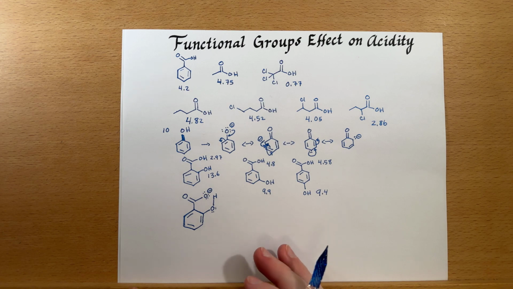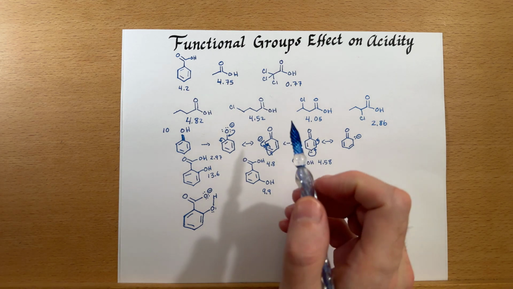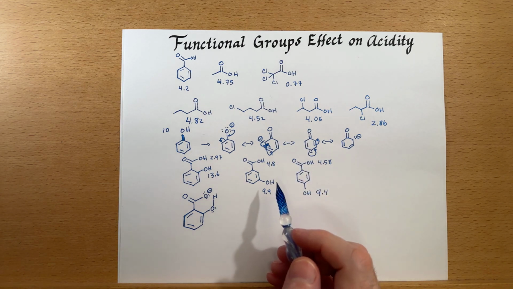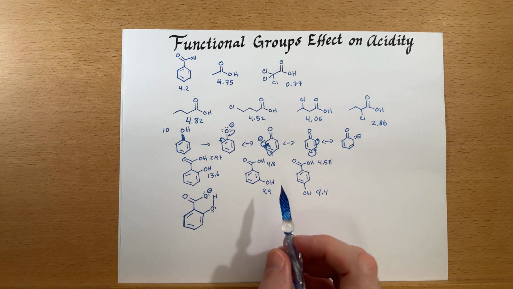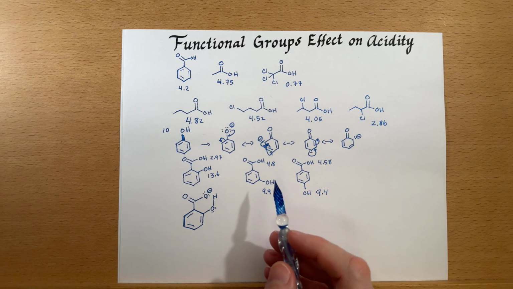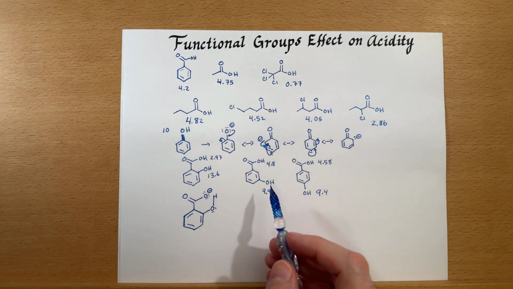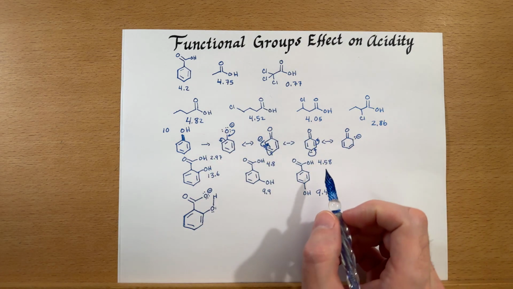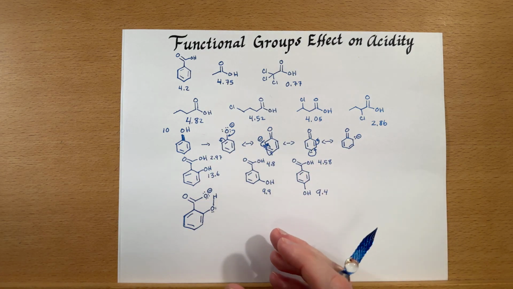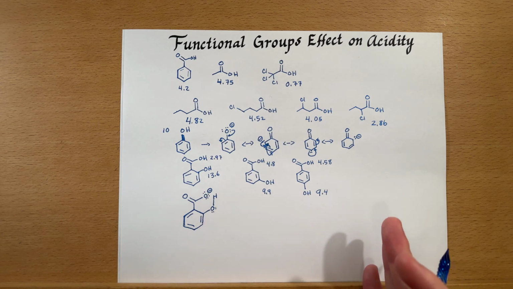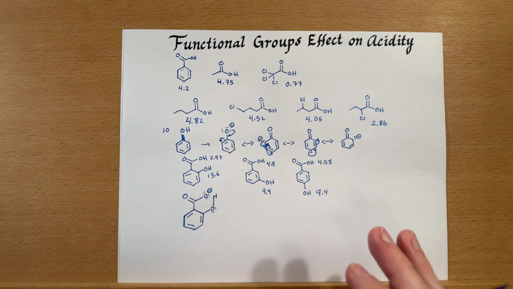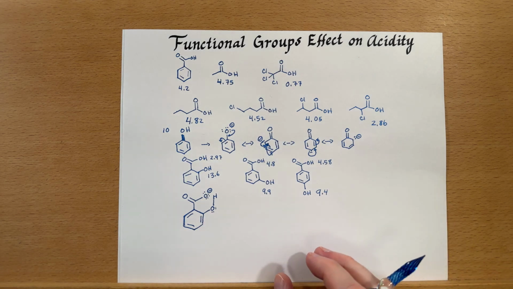So let's review. When we have electronegative elements or atoms attached to our molecules that are acids, we can increase their acidity. And this holds true for more than just carboxylic acids or phenols. This holds true for any molecule where you could have some acid-base functionality.